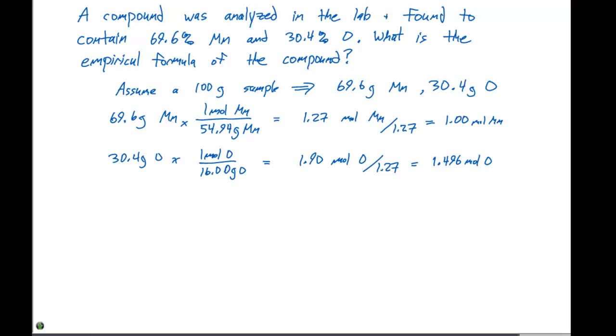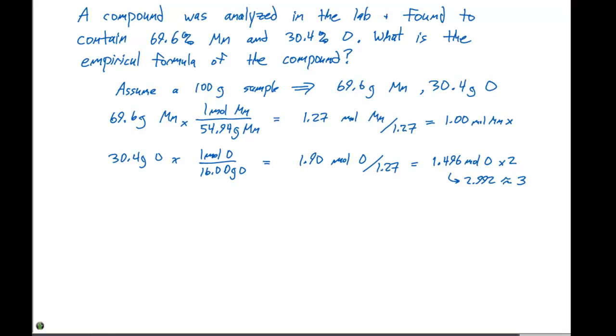So in this case, we have 1.5, which would be 3 halves. So what we need to do is multiply this 1.49 times 2. When we do that, that's going to give us a whole number, or that's going to equal 2.992, which we can just assume is going to be 3.